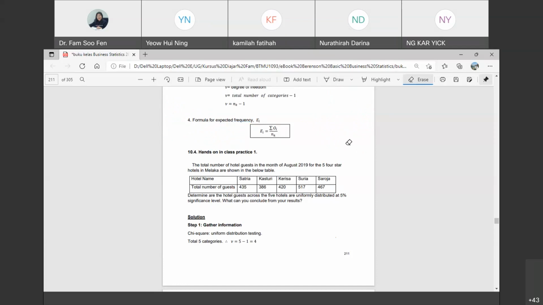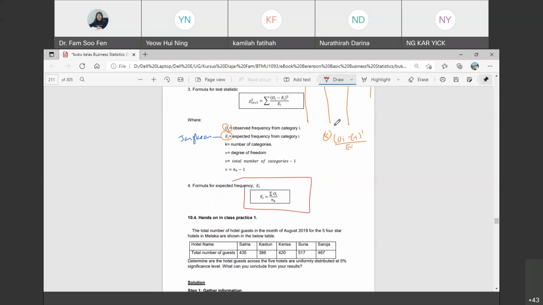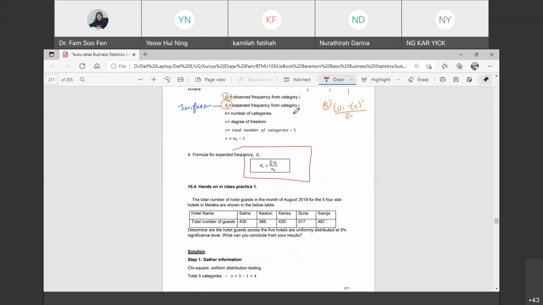If you're using Excel, you must show them side by side, one is the data, one is the formula. You must show all the formula, whether you type it in or write it.